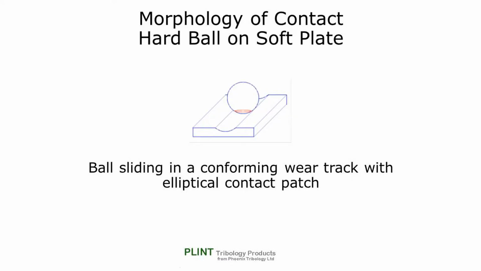Few serious attempts have been made to explain exactly what is happening with wear scar generation in sliding point contact tests. For a ball sliding in a conforming groove, we would expect an elliptical contact patch.